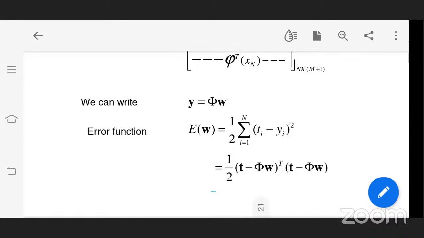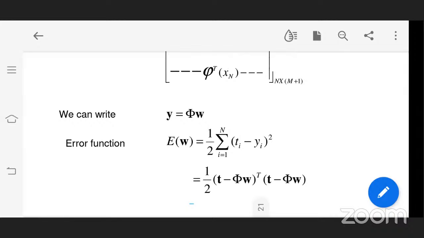And finally, you will write the error function as half summation of ti minus yi squared. This part is clear. This is nothing but the empirical risk minimization part. You write it as t minus phi w transpose t minus phi w. Can I proceed?